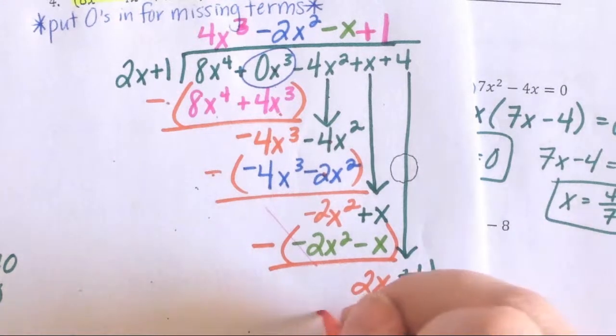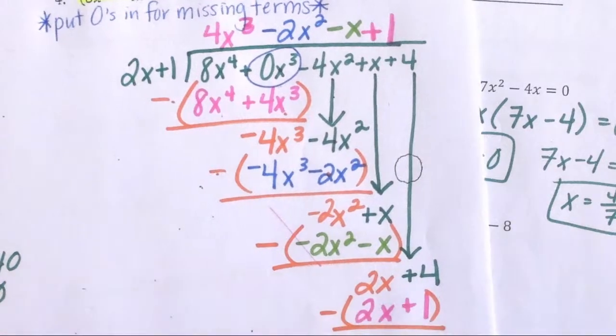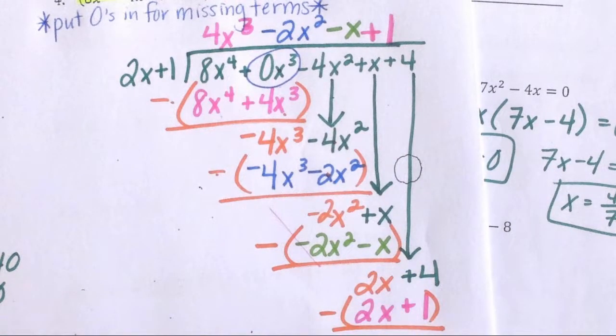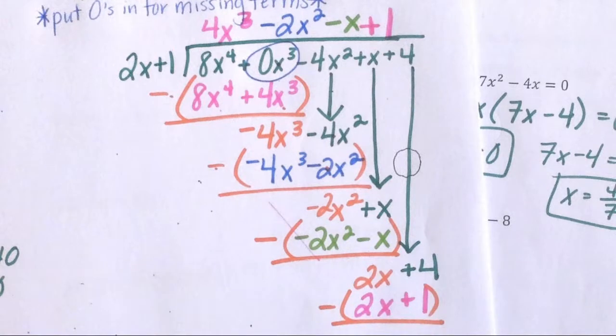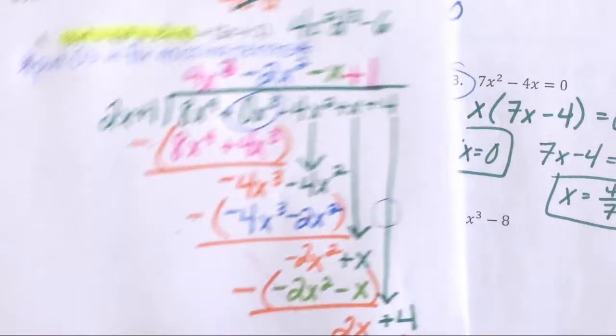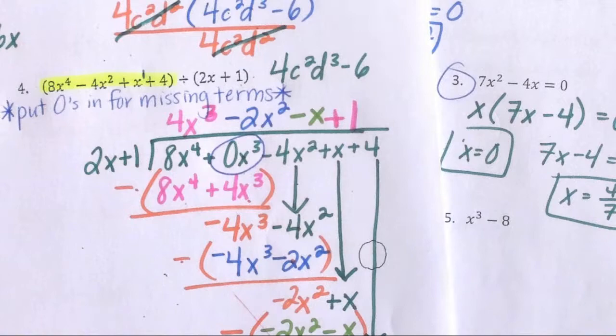But I've got to subtract that second line. I have 2x minus 2x, I get 0. I've got 4 minus 1, I end up with 3. Okay, I have a remainder. So I'm going to write that as a fraction. So go back up to the top.